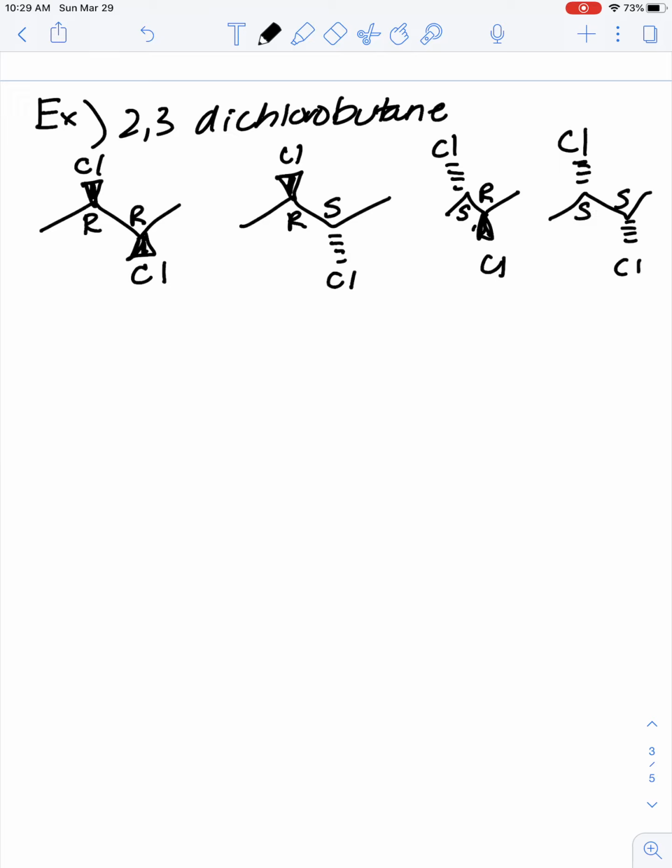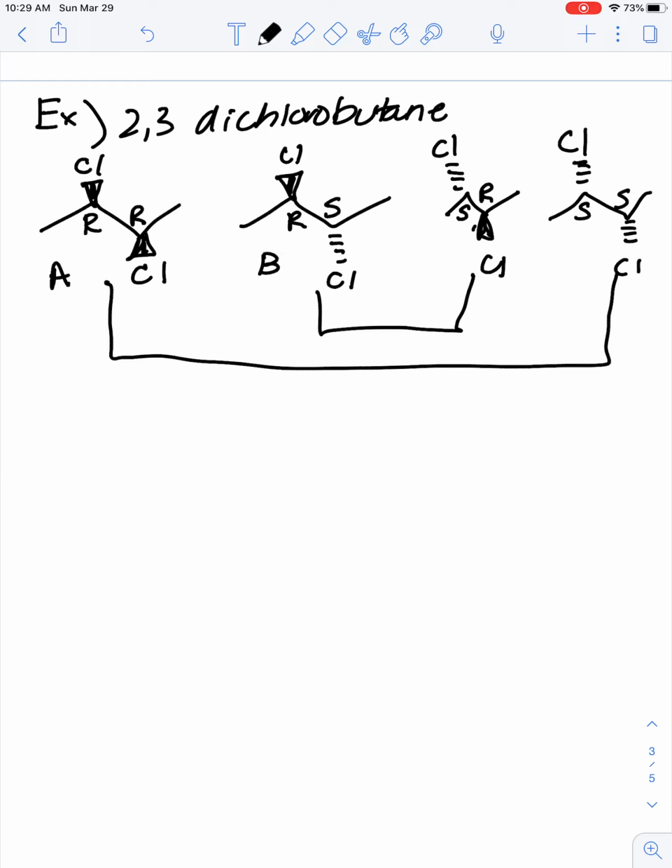So here are our 4 isomers that are possible to form. When we look at these 2 molecules right here, versus these two molecules here, we'll call this A, B, C, D. So looking at A and D, these are going to be enantiomers of each other.